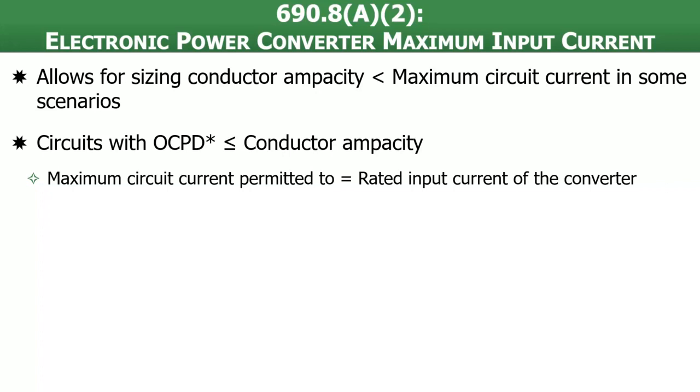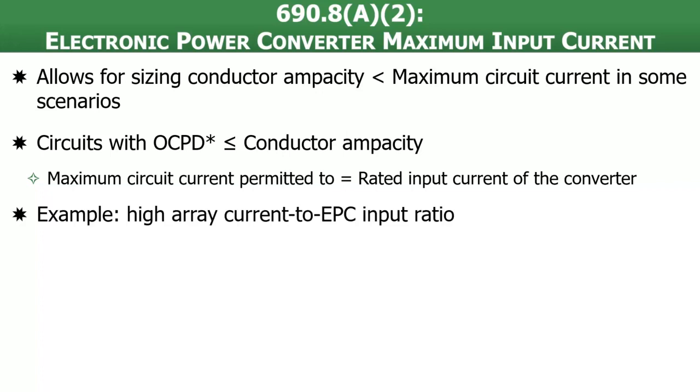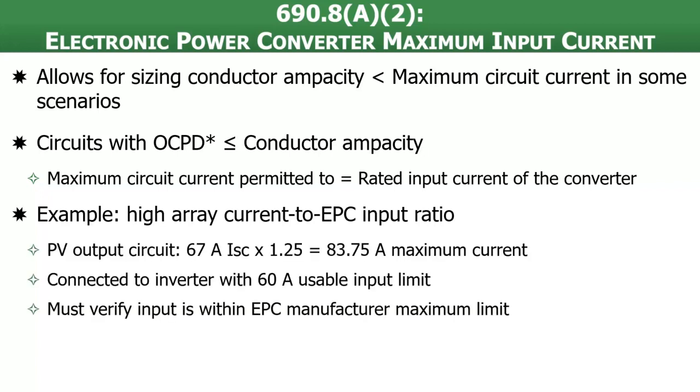As long as you have the overcurrent protection in place and it doesn't exceed the conductor ampacity, you can use that rated input current of the converter instead of the maximum circuit current from the array. For example, there may be a high array current to EPC input ratio, and so in this case we're looking at a PV output circuit of 67 amps short circuit current times 1.25 irradiance factor, and that gives us 83.75 amps maximum circuit current.